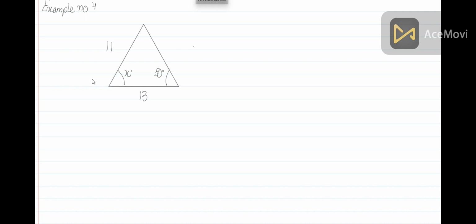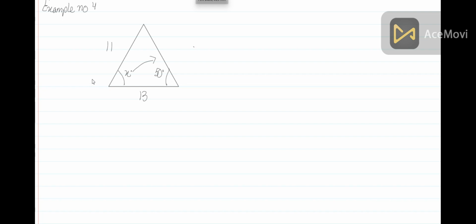Now in this question you are not able to find the x degrees directly because x is the included angle, and the other main reason is the opposite side of this x degree is not given to you. So how are you able to figure out this x?